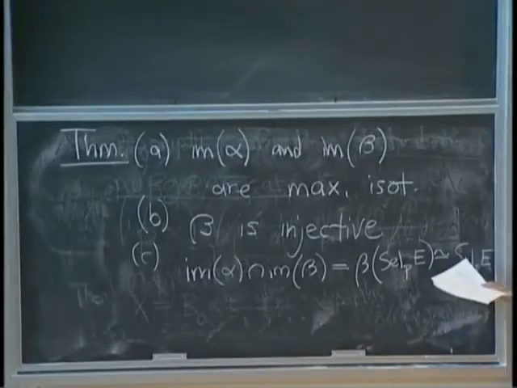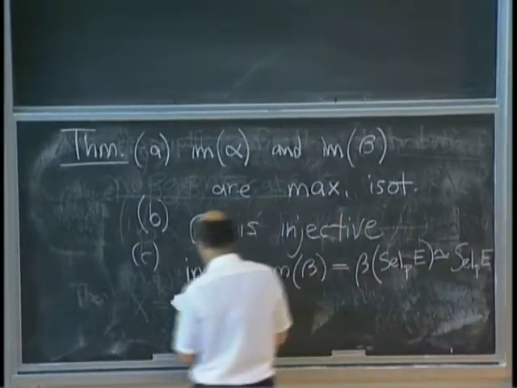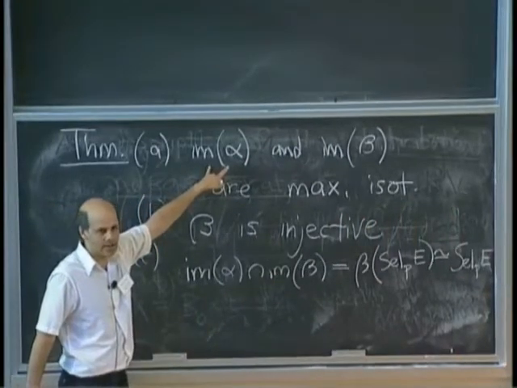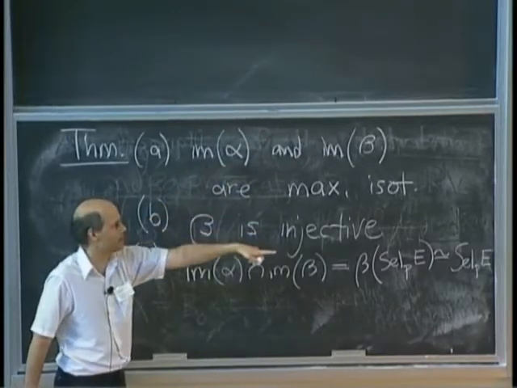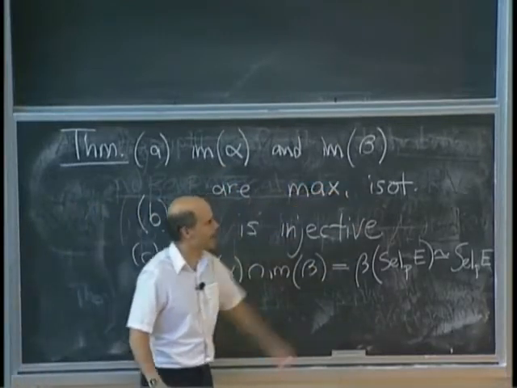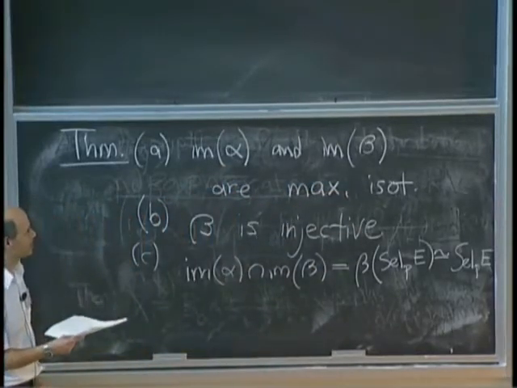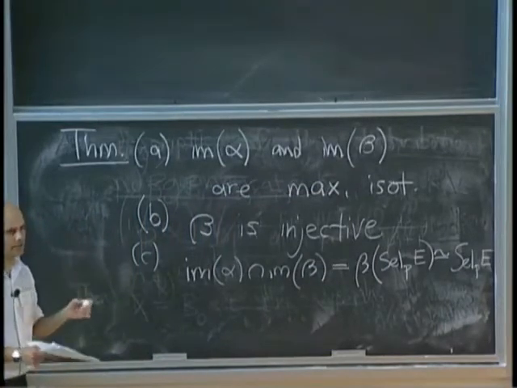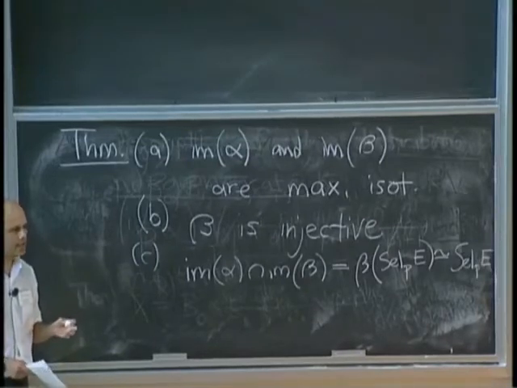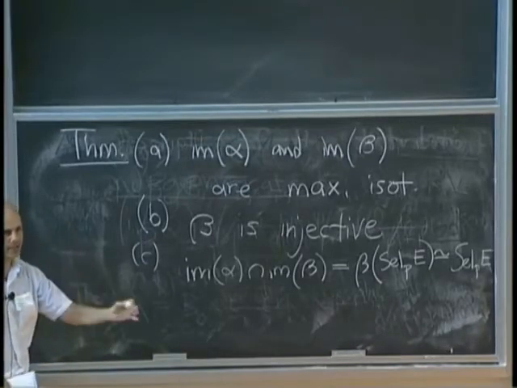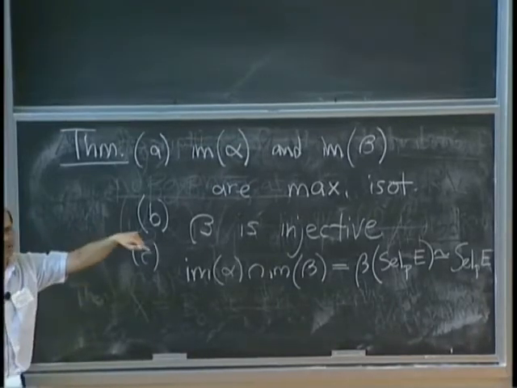So I don't know if I should say anything about the proofs of these theorems, but I can say a little bit, I guess. For alpha, already by construction, the image of alpha was maximal isotropic, because it was defined by taking each of the local maximal isotropic subspaces and then multiplying them together. As for beta, the fact that it is maximal isotropic is deeper. It follows from the reciprocity for the Brauer group, and you take the 9-term Poitou-Tate exact sequence, which gives global duality, and you look right in the middle.